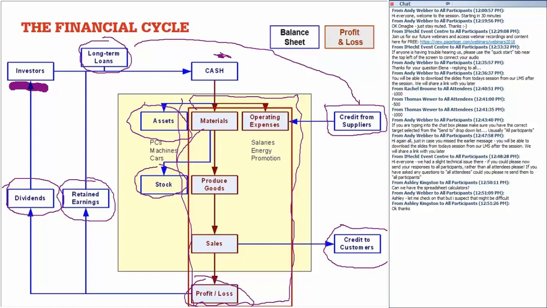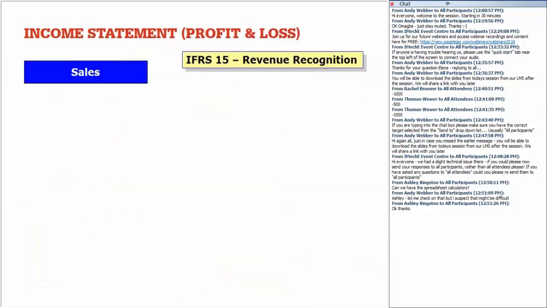Okay, so I'm now going to move into looking at the income statement and take you very quickly through it. Income statement, more commonly known as the profit and loss account. At the top you have sales or revenues, and I've got a little note here on IFRS 15.